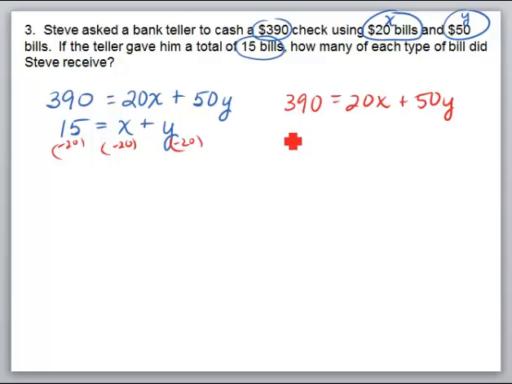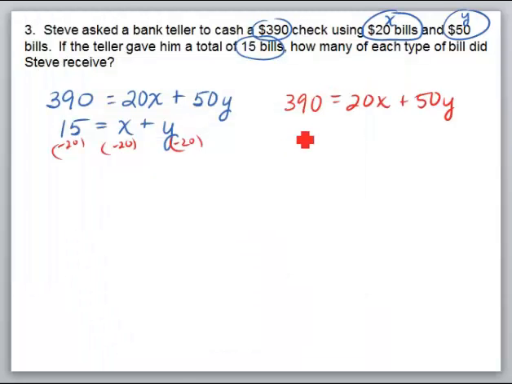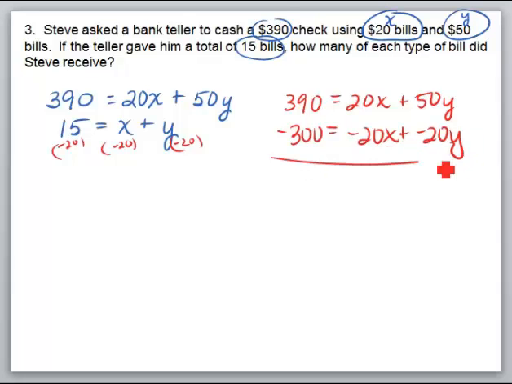My second equation would read 15 times negative 20, which would be negative 300. Negative 20x and negative 20y. So my x's cancel. I get 30y equals 90.